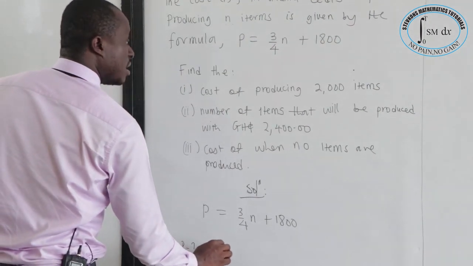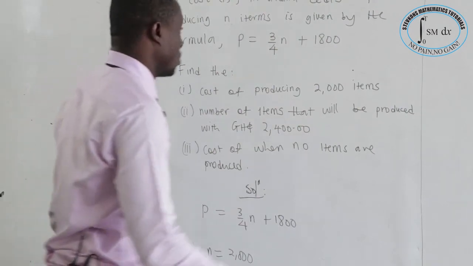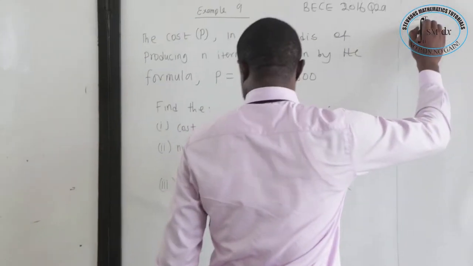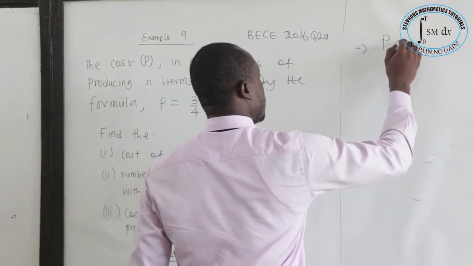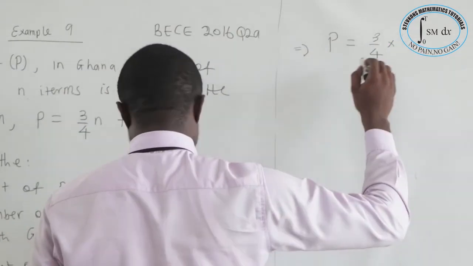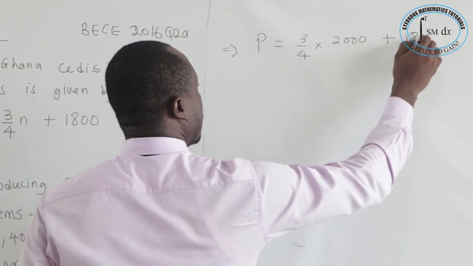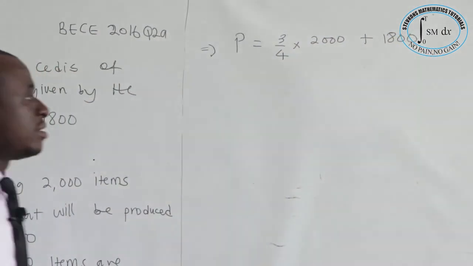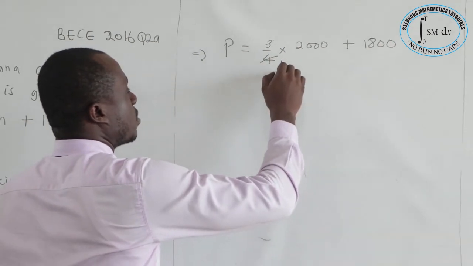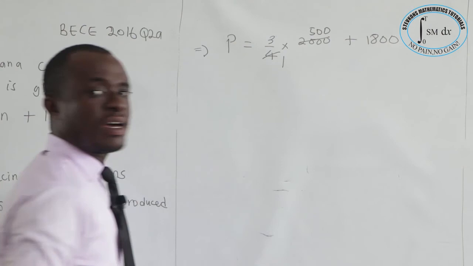When N is 2,000, this implies that my P is 3 over 4 times 2,000 plus 1,800. Now 4 will go into 2,000, that is 500.